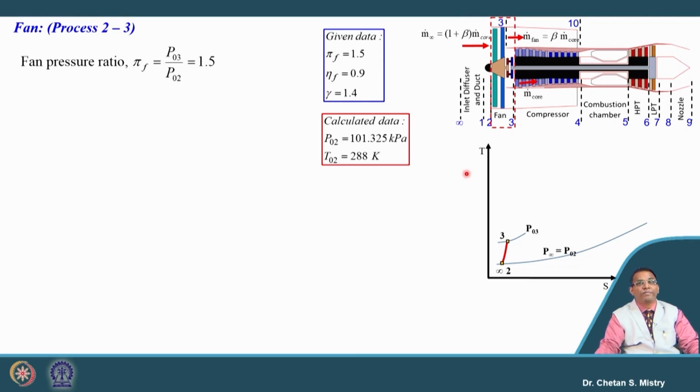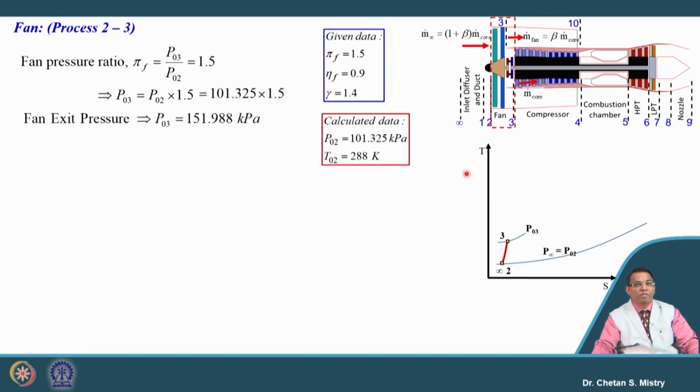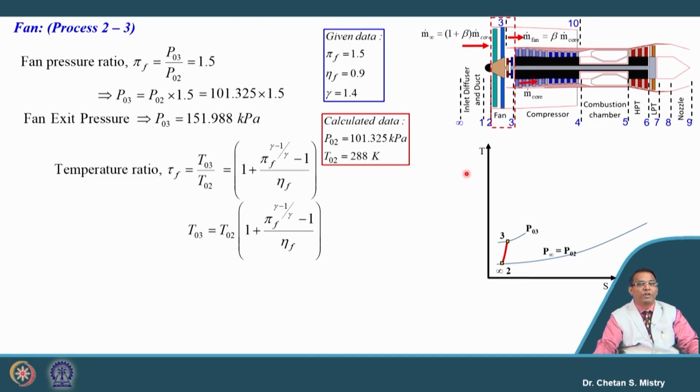For this fan, the pressure ratio is given, it is 1.5, and the fan efficiency is given as 90%. We know the entry pressure of the fan, and from that we calculate the exit pressure from the fan as 151.98 kilopascal. We are correlating our pressure ratio and the efficiency of the fan in order to calculate the temperature.